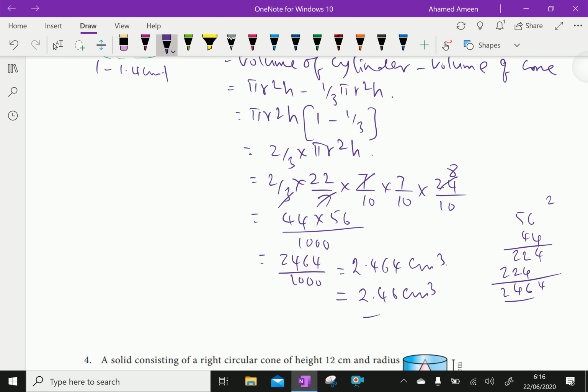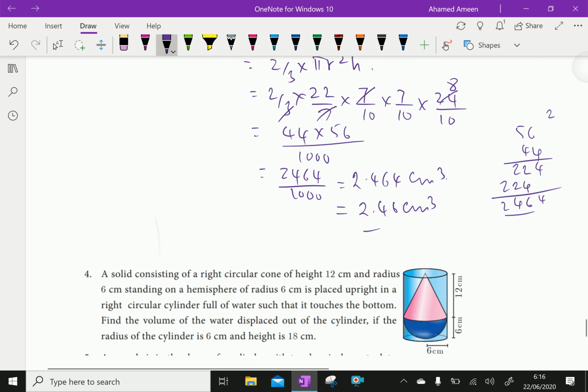That is the remaining volume of the solid.